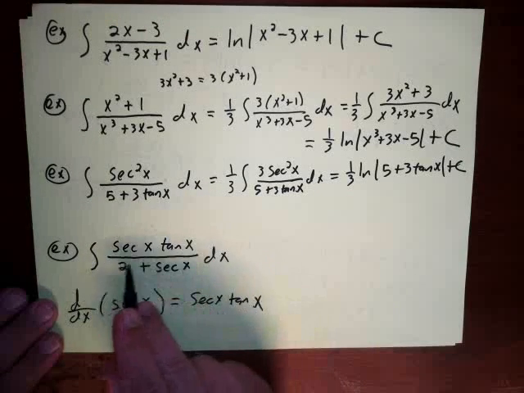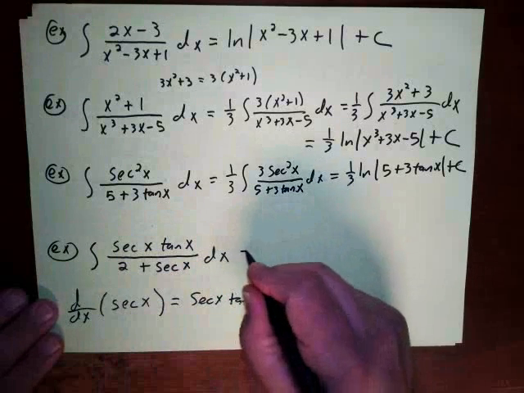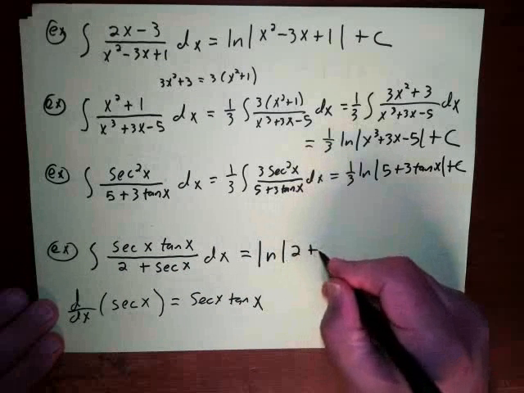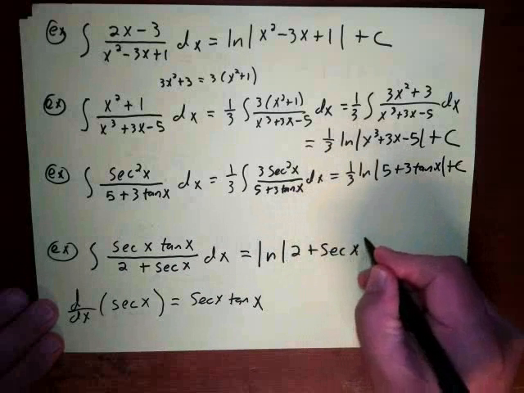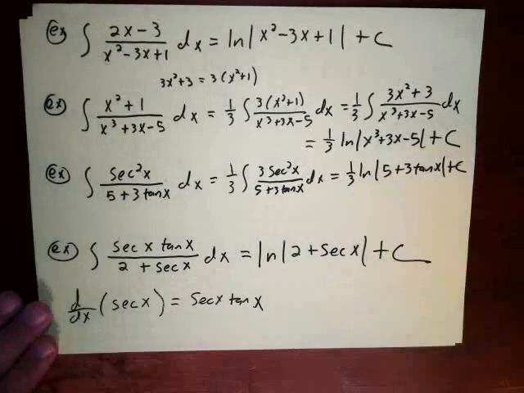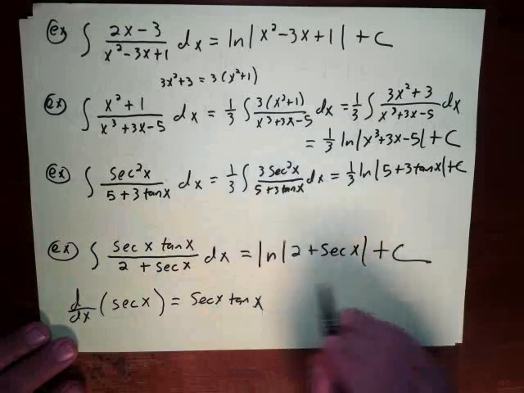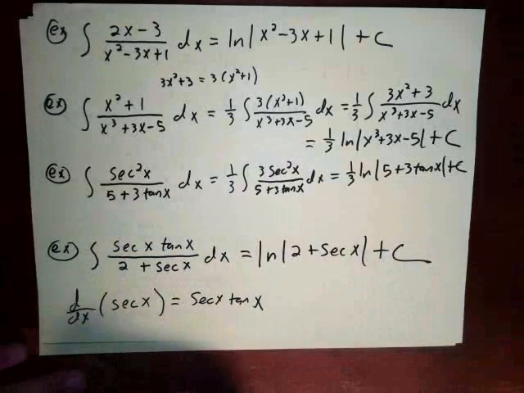So the derivative of the bottom is equal to the top, and so I just get the natural log of the bottom, making that quite easy. So what looked really complicated in this case ended up being quite easy.